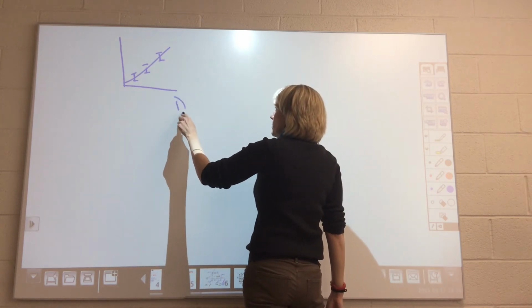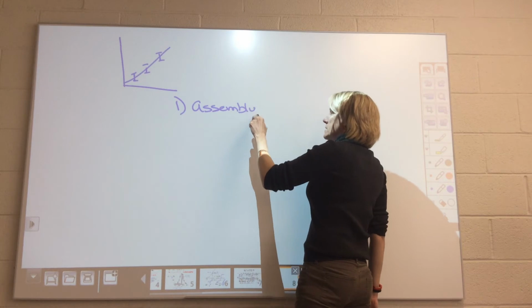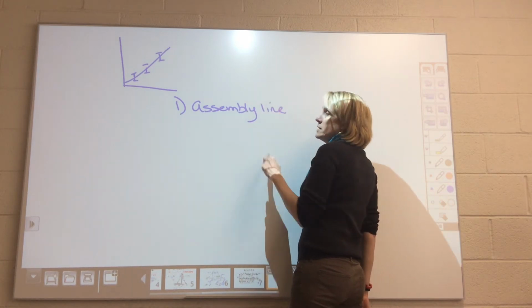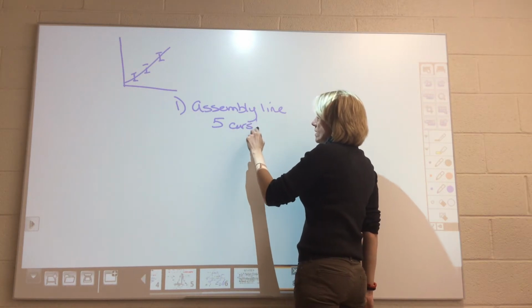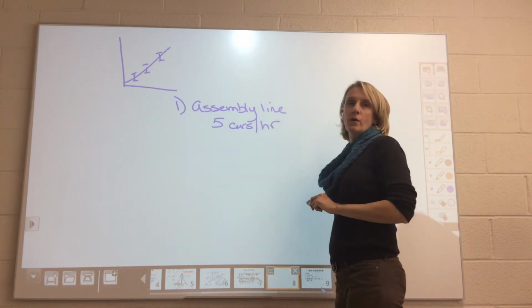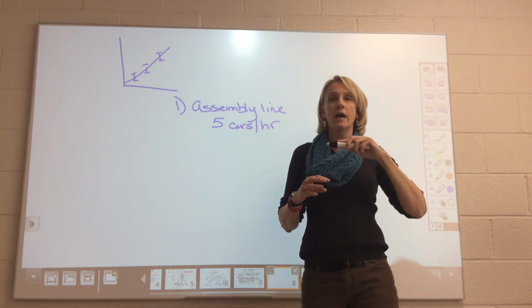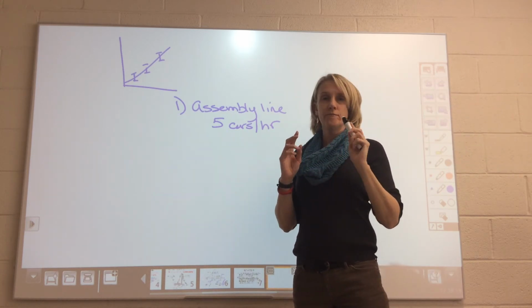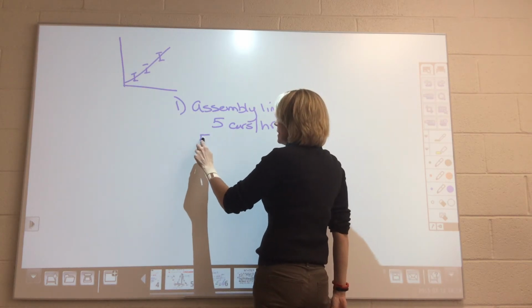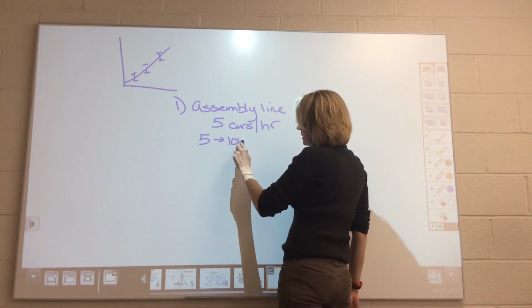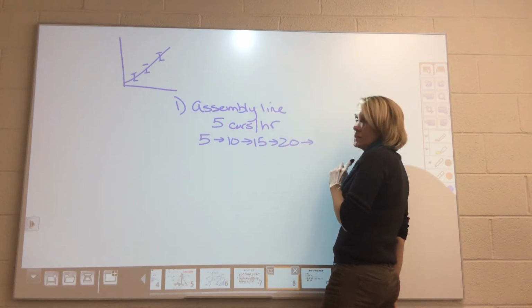So the first example is, let's say we're looking at an assembly line. So the assembly line can make, I don't know, let's say 5 cars per hour, okay? And no matter what happens, no matter how many cars are already on the lot, that's what it's going to crank out, 5 cars per hour. So if we were to look at the numbers, right, it would be 5, 10, 15, 20, et cetera.